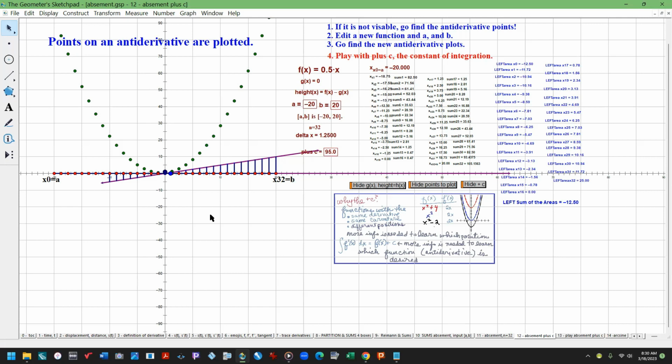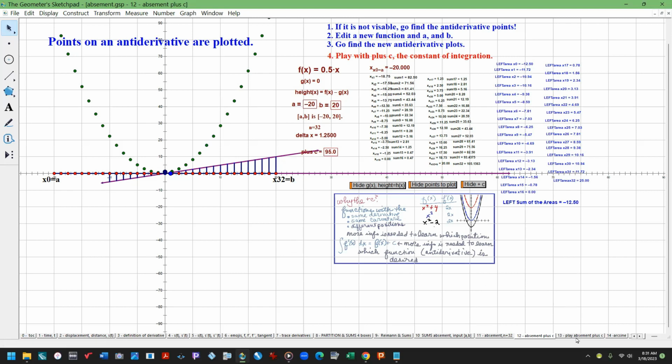I'm not going to get it perfect because I'm not using an antiderivative. All I'm using is Riemann sums to approximate the antiderivative. And as soon as I change the A and the B, and I change the C, the arithmetic of the computation changes, so I can't always get it perfect.